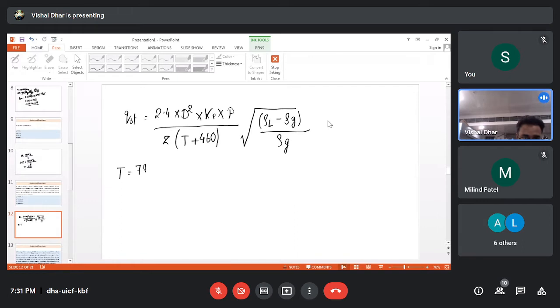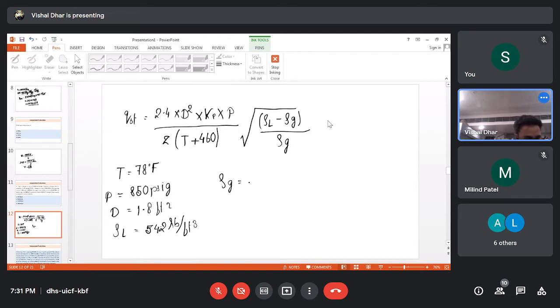Temperature is given as 78 degree Fahrenheit. Then there is pressure equal to 850 psig. D equal to dia equal to 1.8 feet. Density of liquid is 54.2 lb per feet cube.